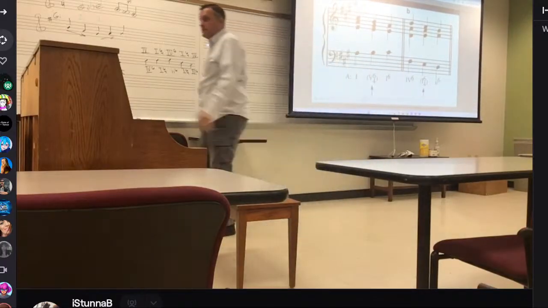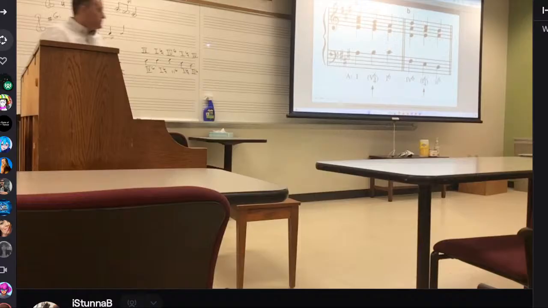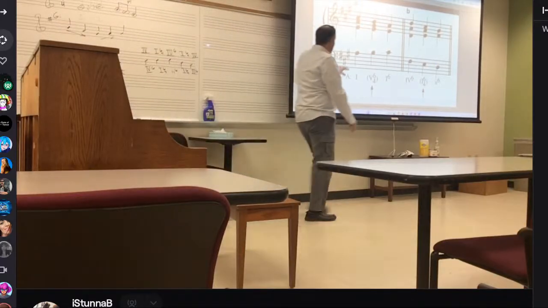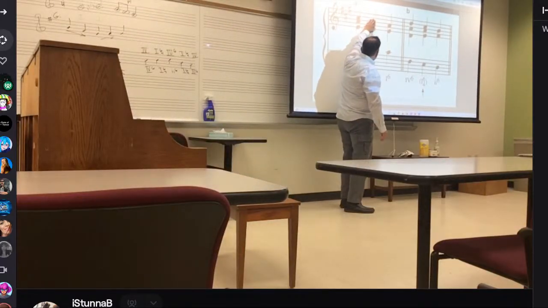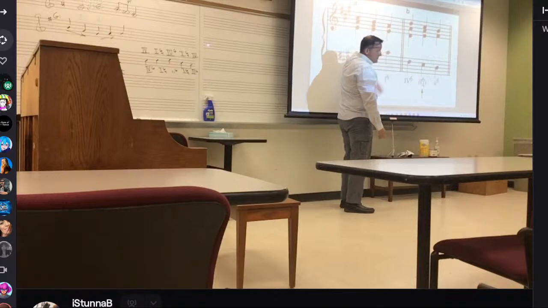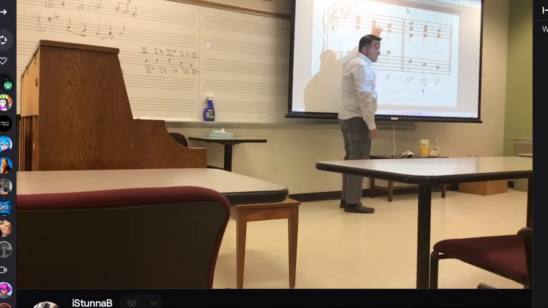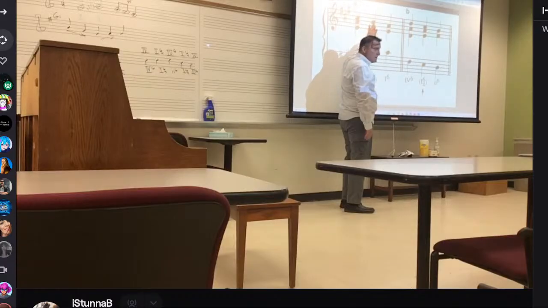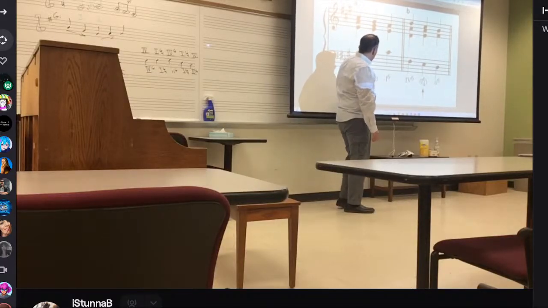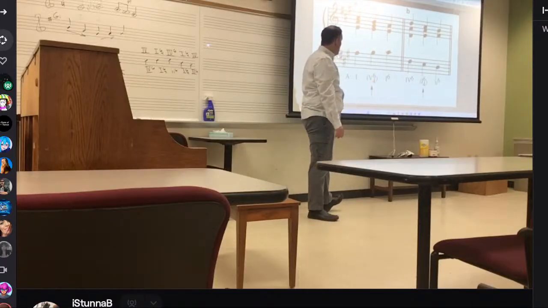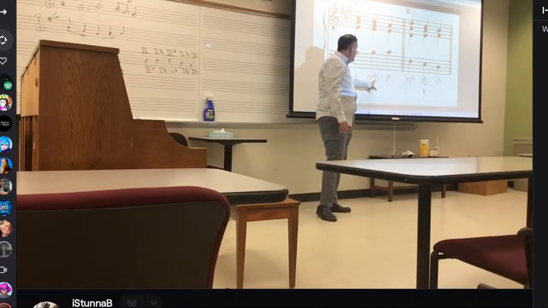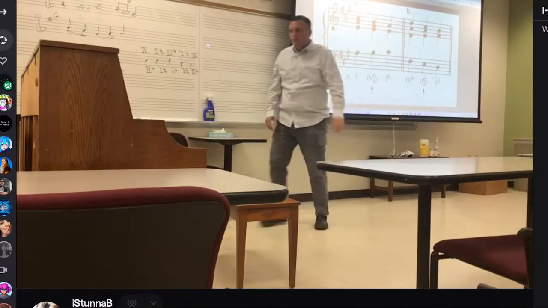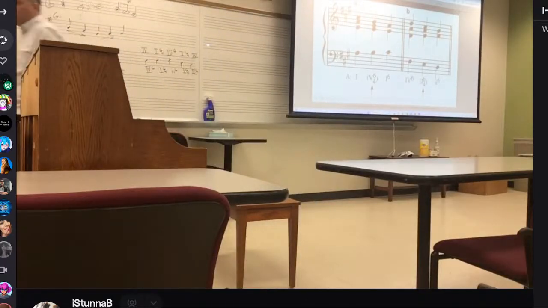But since all the notes here, B, E, G sharp, B, create a new chord, that's not just random passing tones, but it actually creates a new chord. So we're going to label that chord, but we're going to show that it's a little bit more unique in this situation, and we're going to put the parentheses around it to show that it is a passing chord. Passing 6/4.